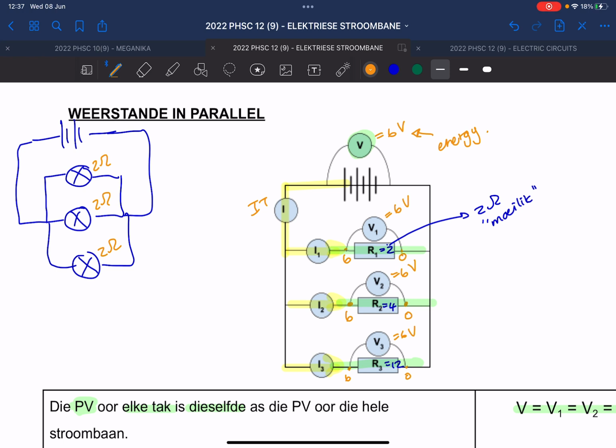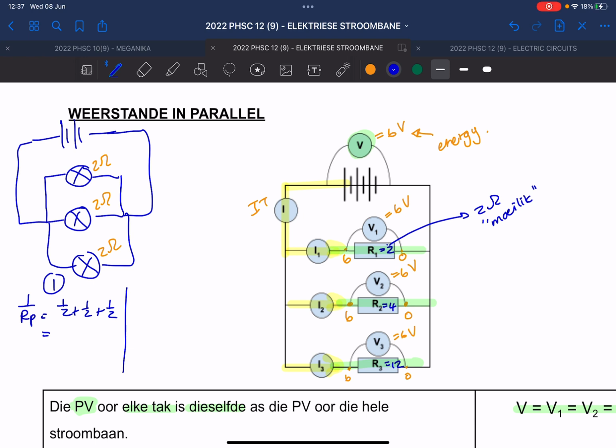Hoekom? If we look here, if I look at just this one. Okay, so opsie 1. 1 over r parallel will be 1 over 2 plus 1 over 2 plus 1 over 2. That gives me what? 3 over 6?